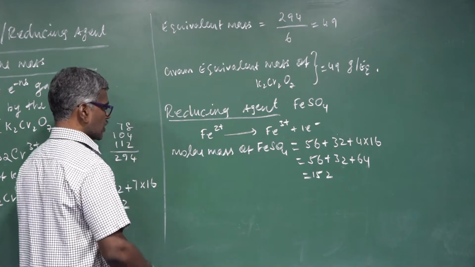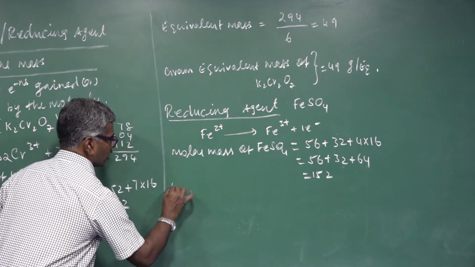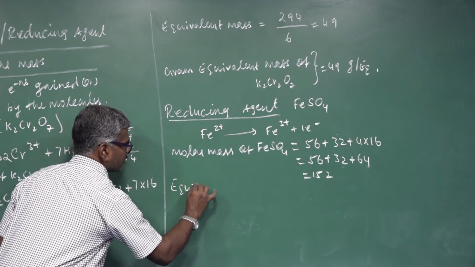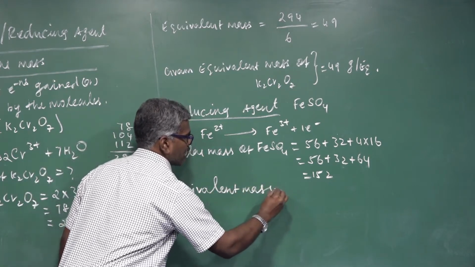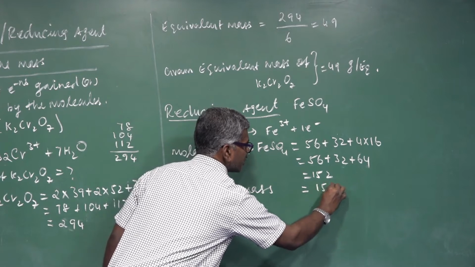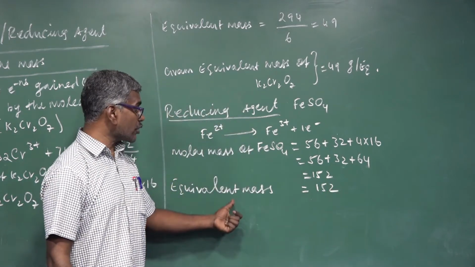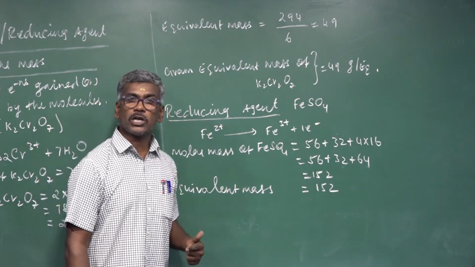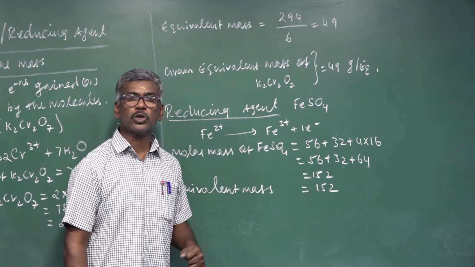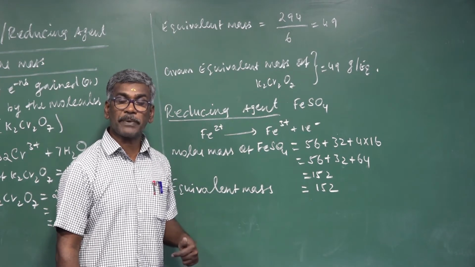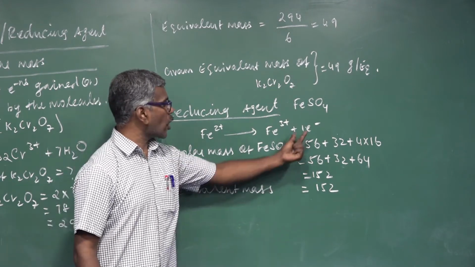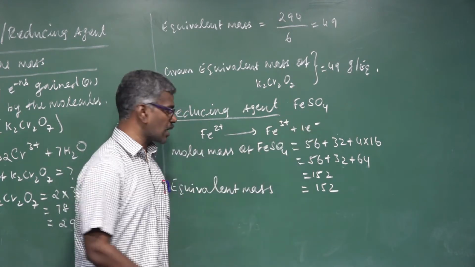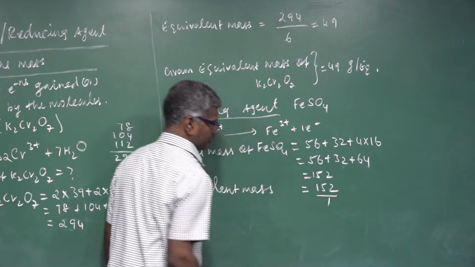152. So first find out equivalent mass. What is the formula for equivalent mass of ferrous sulfate? Equivalent mass of ferrous sulfate should be equal to molar mass of ferrous sulfate divided by number of electrons lost. Here how many electrons lost? 1 electron lost. So divided by 1.